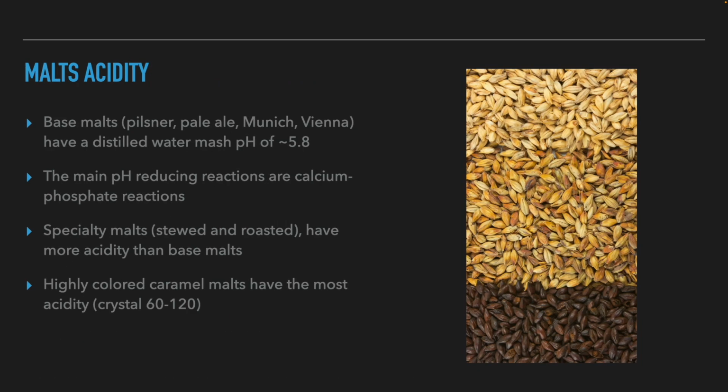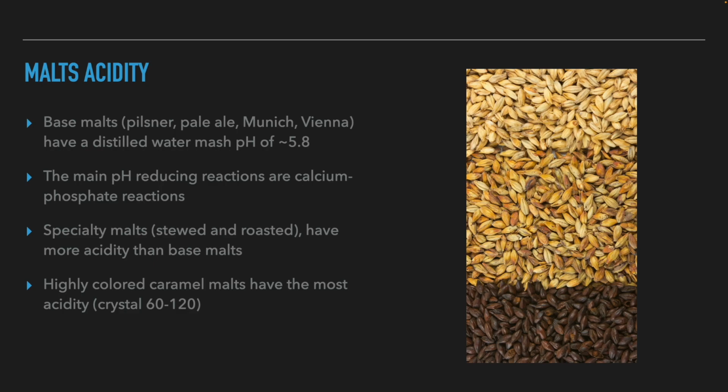After defining residual alkalinity, it's time to discuss the main factors that determine it. Residual alkalinity depends on the grain bill and the water. Let's start by understanding how the grain bill affects the residual alkalinity. As we said, a standard mash with base malts like Pilsners, Pale Ales, Munich, or Vienna malts with distilled water will result in a pH of about 5.8.